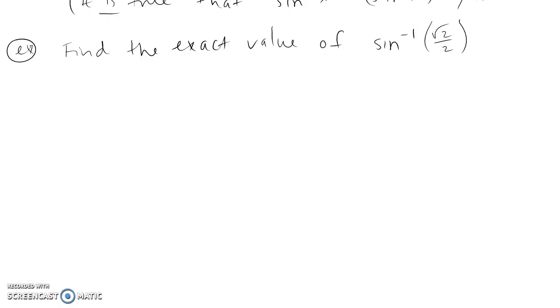So first, before we do this, let's just think about what they are asking us. Inverse sine of the square root of 2 over 2 is an angle.